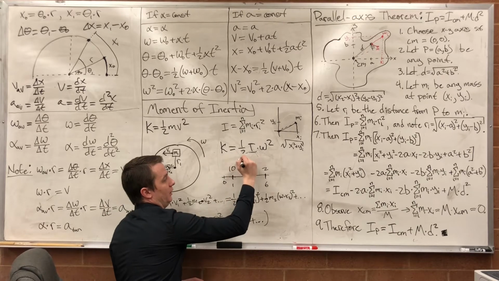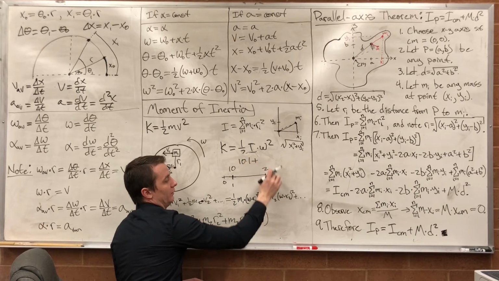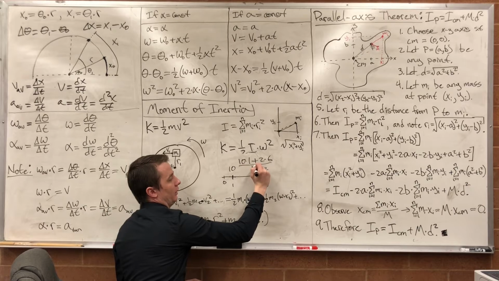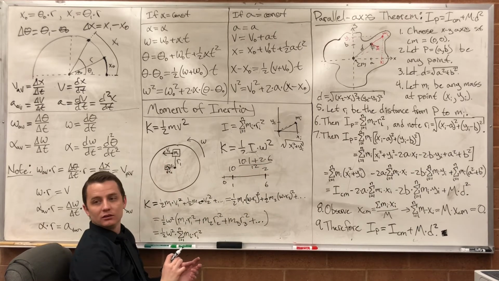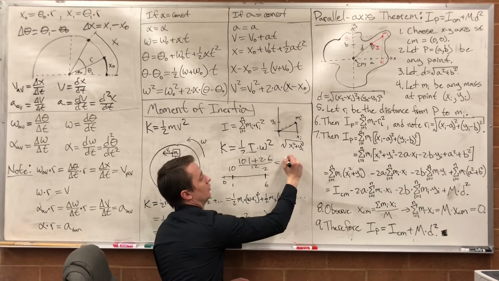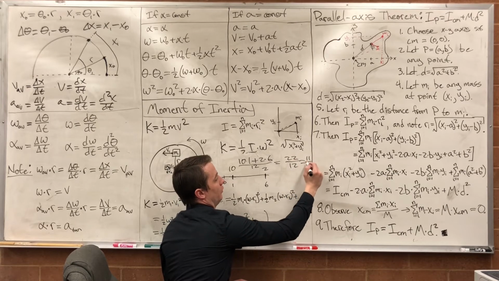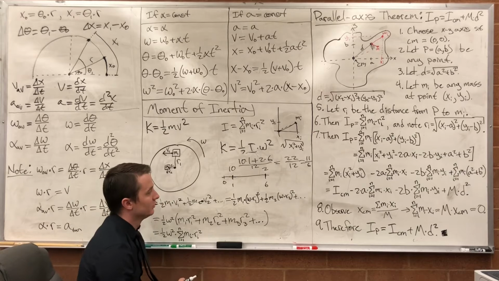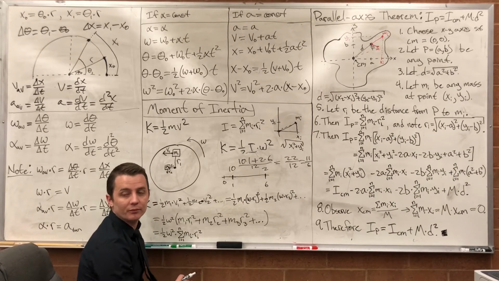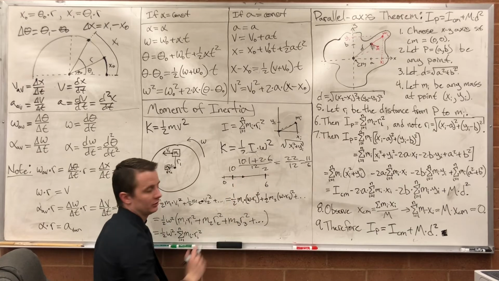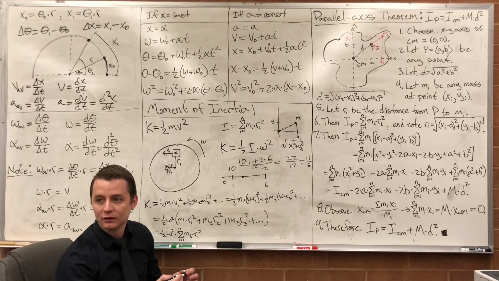I do 10 times 1 plus 2 times 6, and then divide by the total mass, in this case 12. So in this case we get 22 over 12, or 11 over 6, which is going to be a little bit more than 2, which makes sense. Center of mass there.